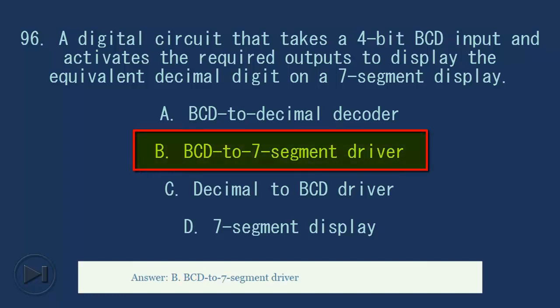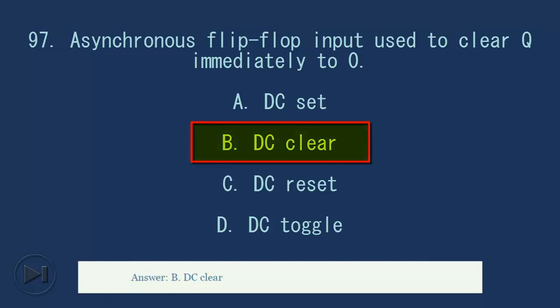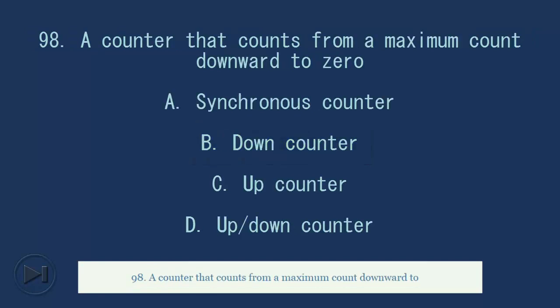Answer, B. BCD to 7-segment driver. 97. Asynchronous flip-flop input used to clear Q immediately to 0. A. DC set. B. DC clear. C. DC reset. D. DC toggle. Answer, B. DC clear.